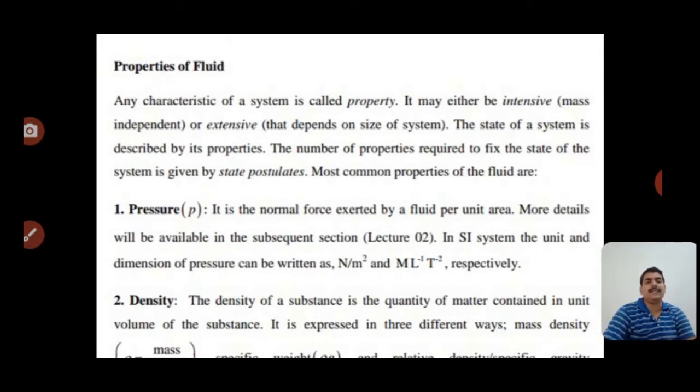In the case of fluid: density, intensity, temperature, viscosity, surface tension. The number of properties required to fix the state of the system is given by the state postulate. The most common properties of fluids are given below. Number 1, pressure. The first property is pressure. We denote pressure with the notation of capital P or small p. Both we take.